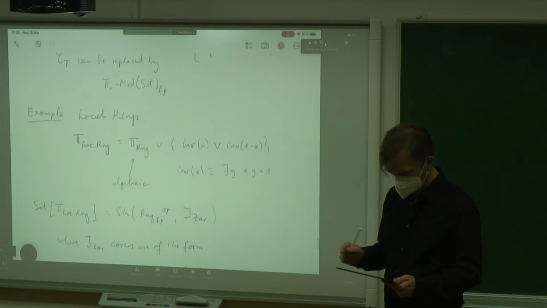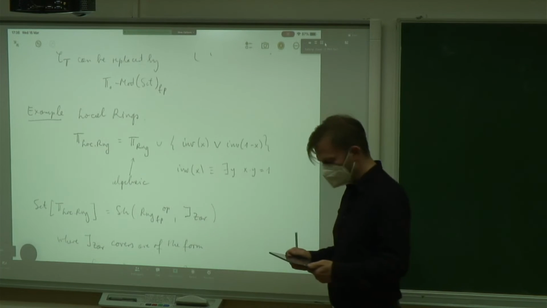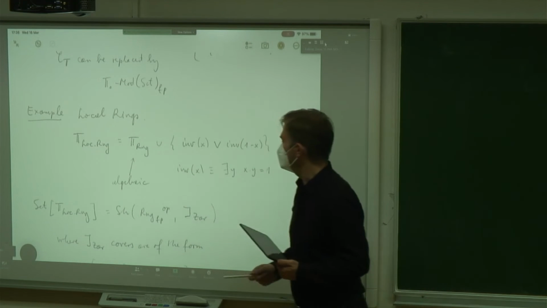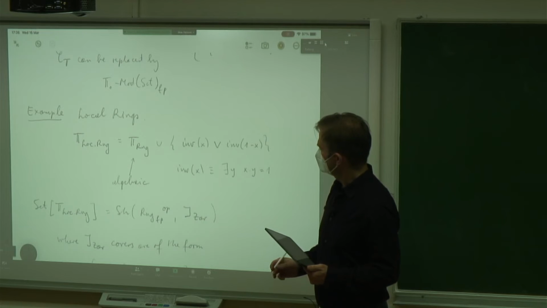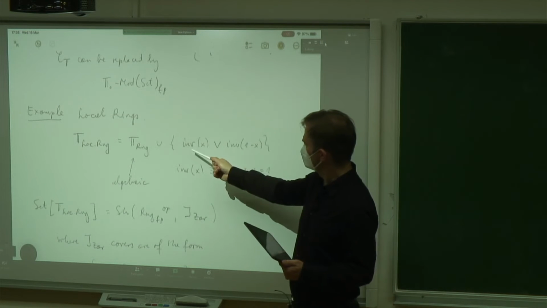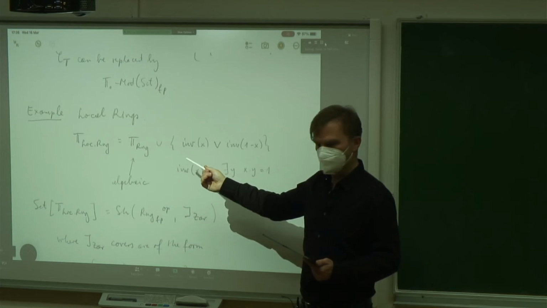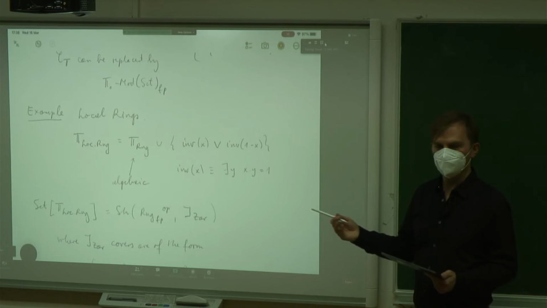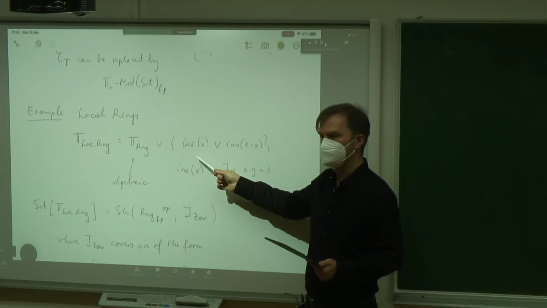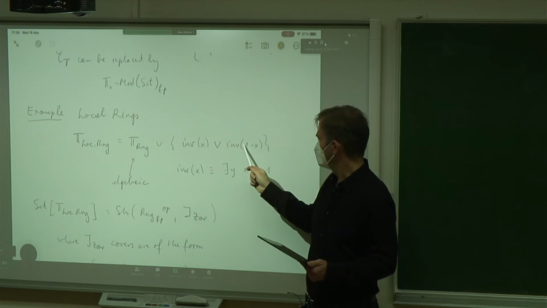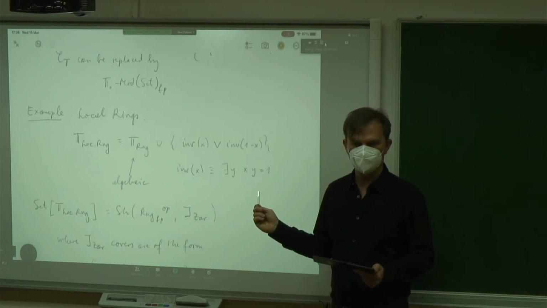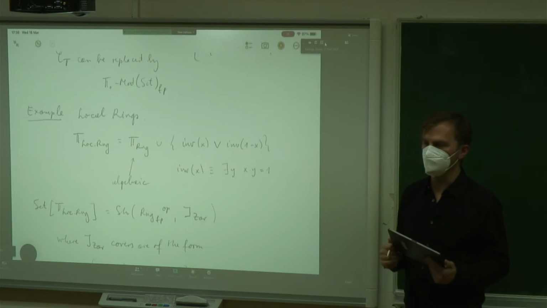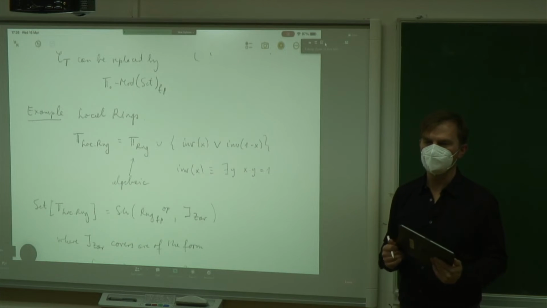Example, local rings. So the theory of local rings is a quotient of the algebraic theory of rings, and you introduce another coherent axiom which says that for every element of your local ring, either the element is invertible or 1 minus the element is invertible. Okay? This is not how we usually define local rings.